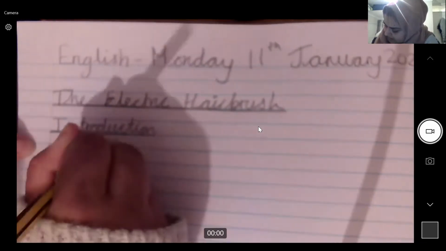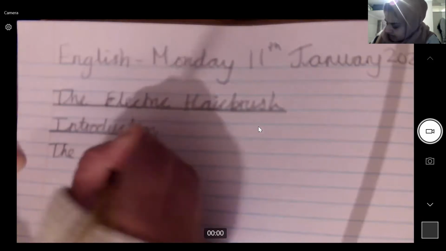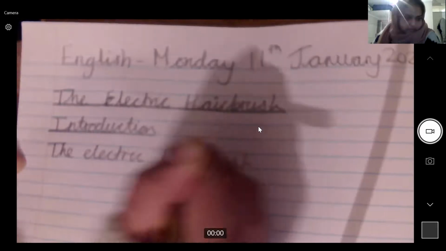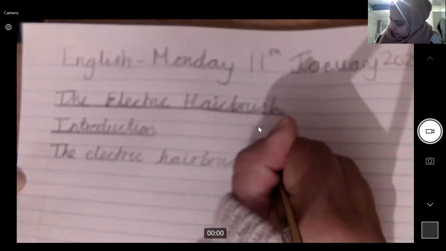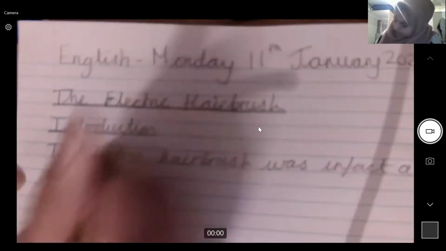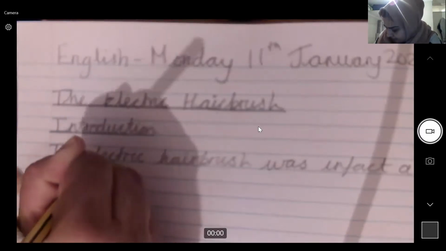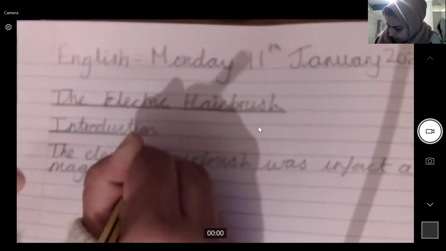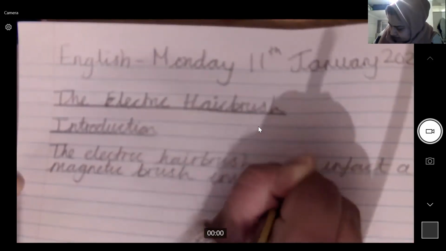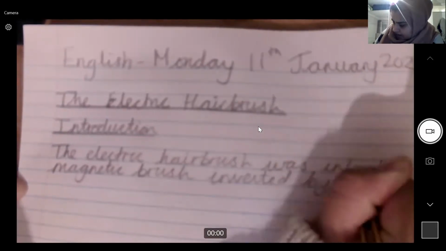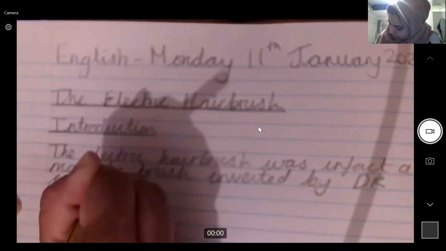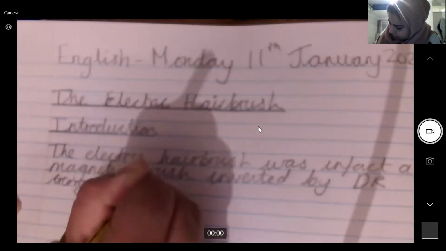The electric hairbrush was in fact a magnetic brush invented by Dr. George Scott.